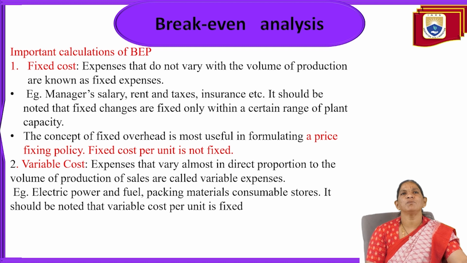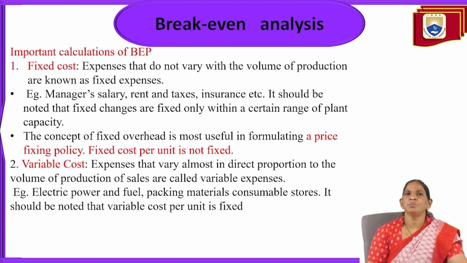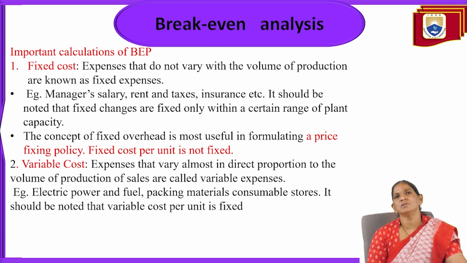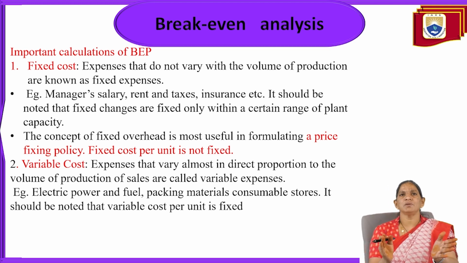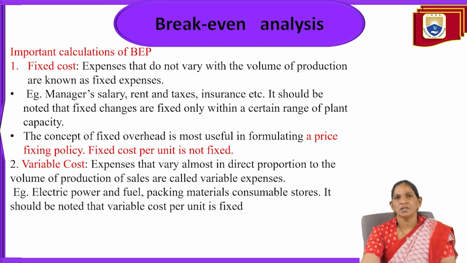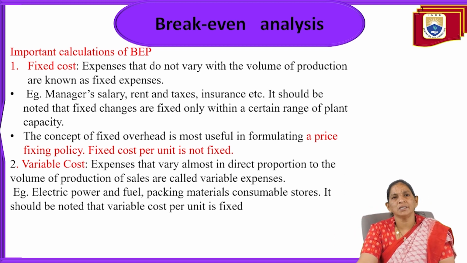For example, if I pay rent of 5,000 for one month, I pay it compulsorily, and until the 31st I won't pay any more rent. Only when the next month starts will I pay again. So at a certain level, 30 days, the rent is fixed. Such charges are called fixed expenses or charges.